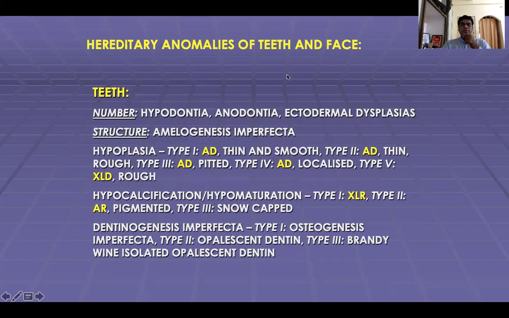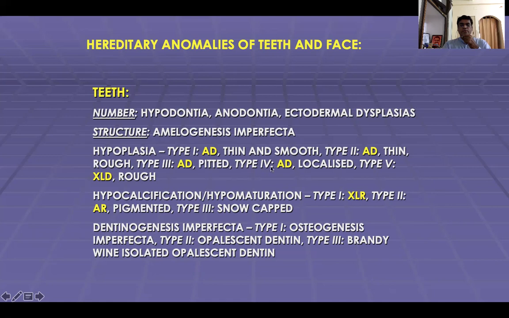Hereditary anomalies of teeth and face: if you look at the teeth, it can be in the number, that is hypodontia, anodontia. Ectodermal dysplasia is a condition which can show anodontia or hypodontia. Then structural aberrations can be like amelogenesis imperfecta: hypoplasia type 1 autosomal dominant, whereas thin and smooth type 2 will be autosomal dominant also. Thin, rough type 3 also autosomal dominant.